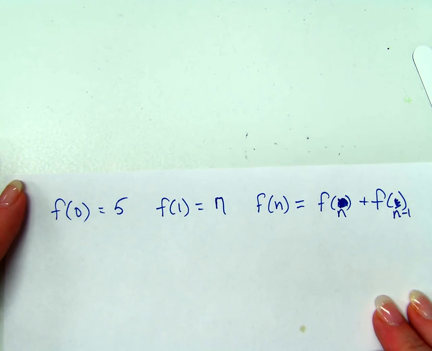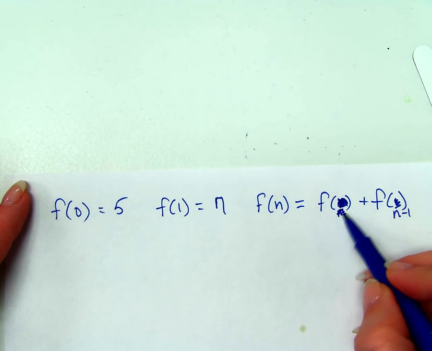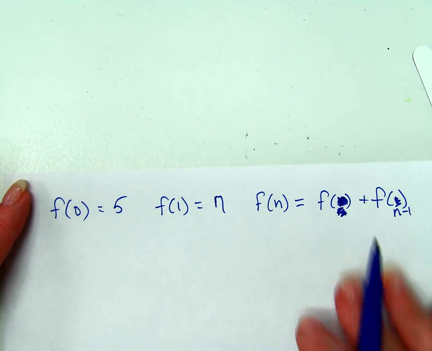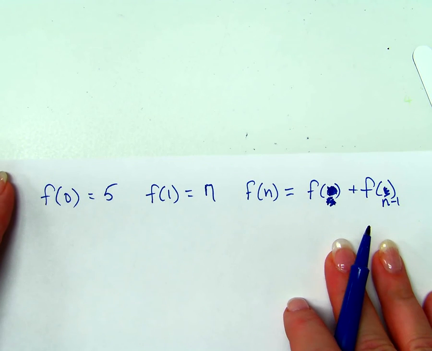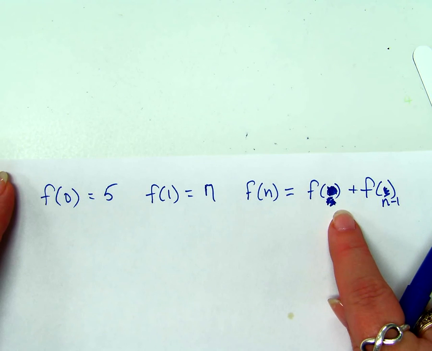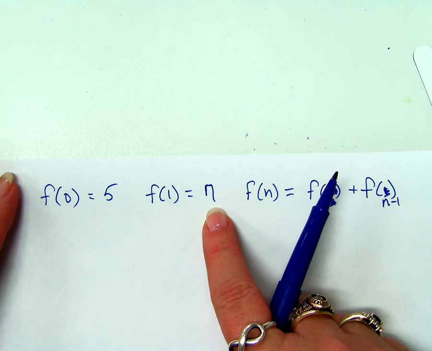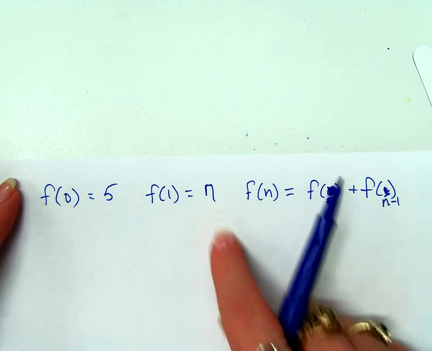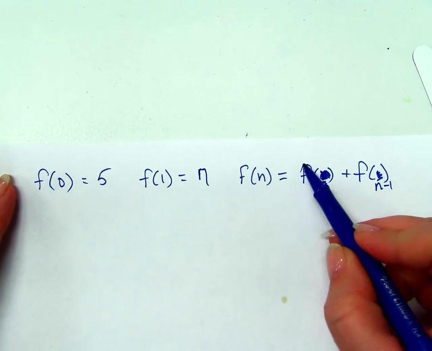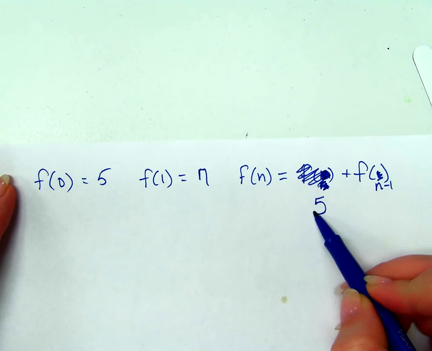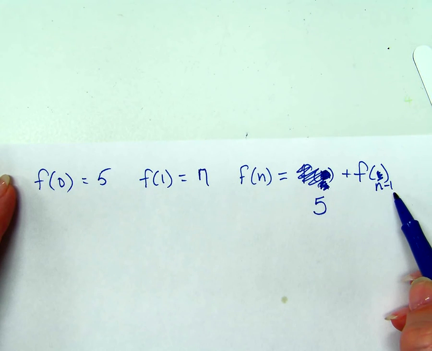No, that's not exactly right either. There's something close to that. Don't judge my 7. Or maybe this might just say something like 5 plus f of n minus 1.